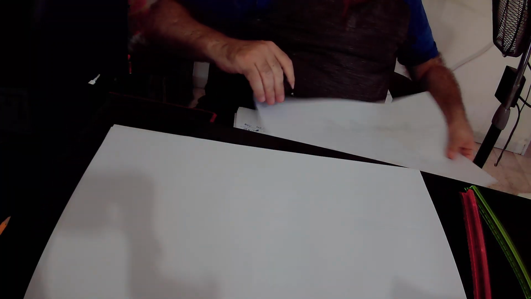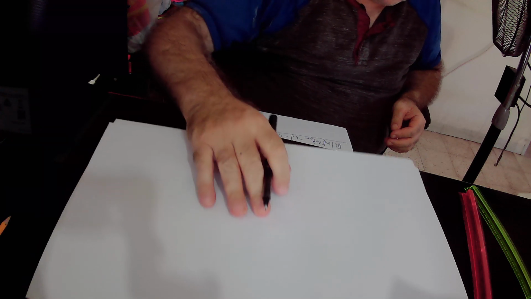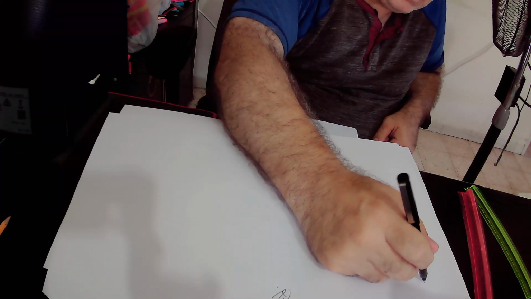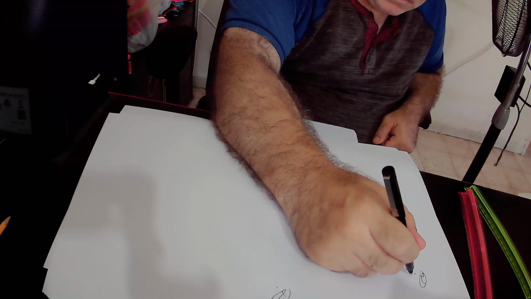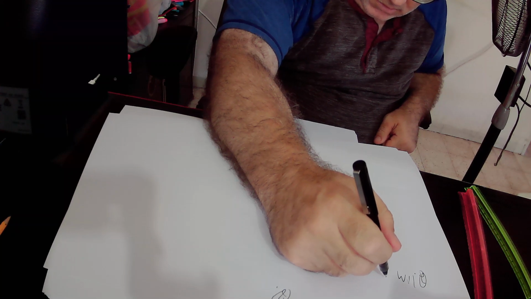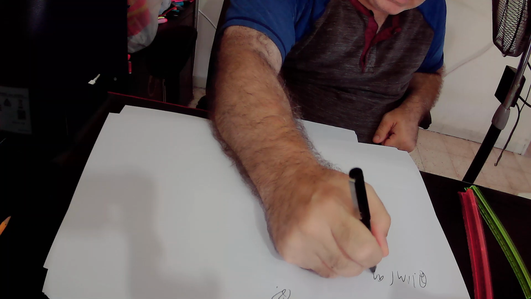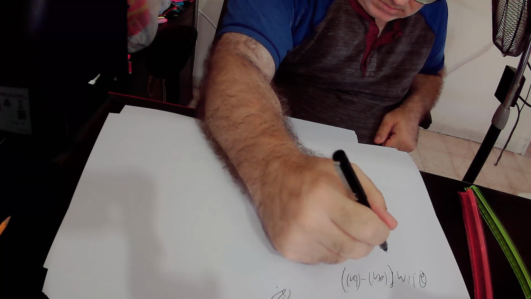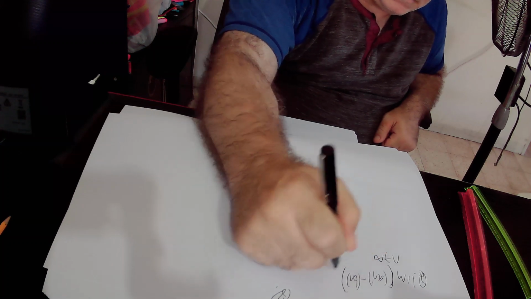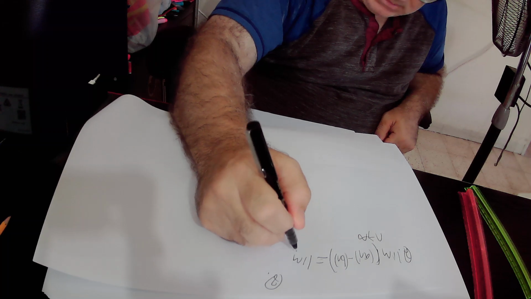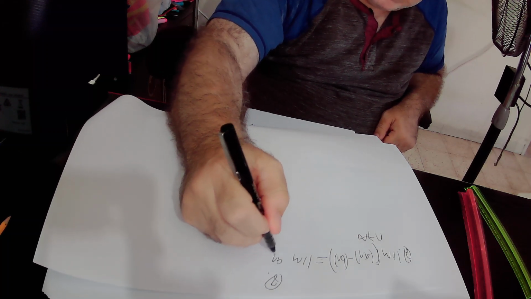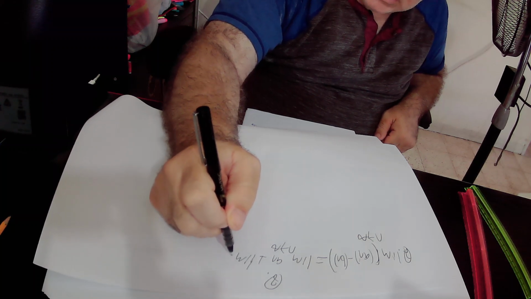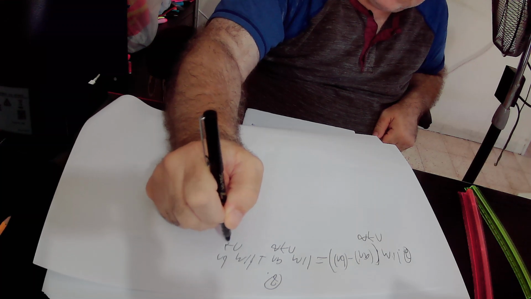And the second equation that is also true is that the limit of sequence an minus sequence bn when n tends to infinity is equal to the limit of sequence an when n tends to infinity plus the limit of sequence bn when n tends to infinity.